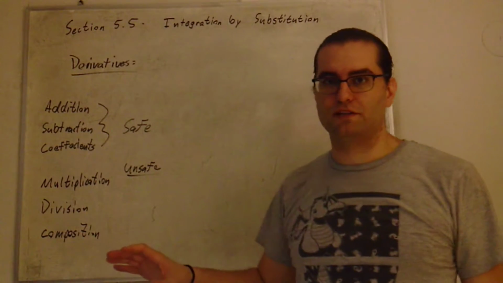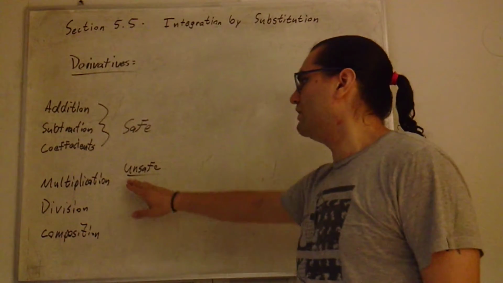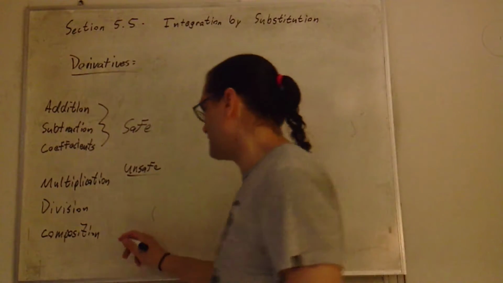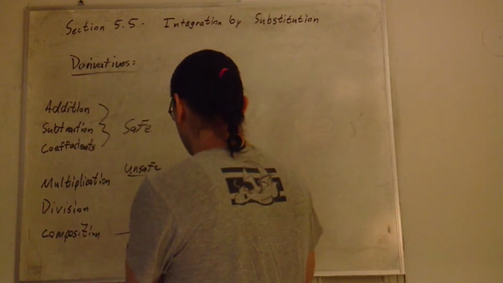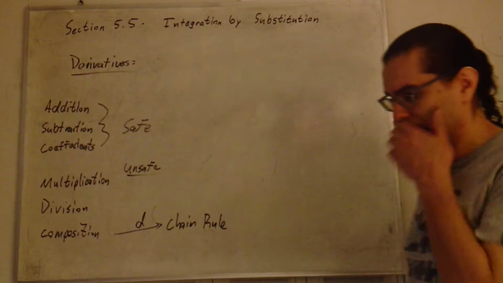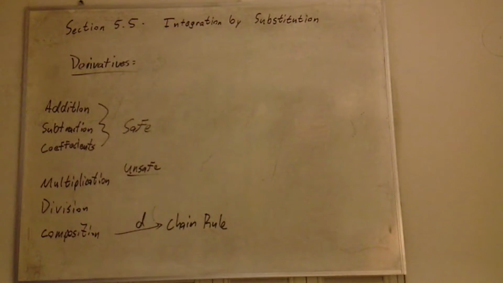Hopefully that's coming back to you. If not, review that. You'll need it. And then composition. For composition, we had something called the chain rule. And that's how we took the derivatives of things that looked like they had an inside and an outside.